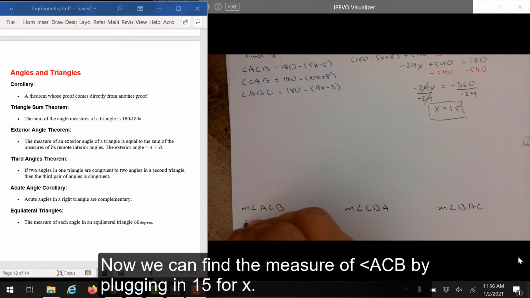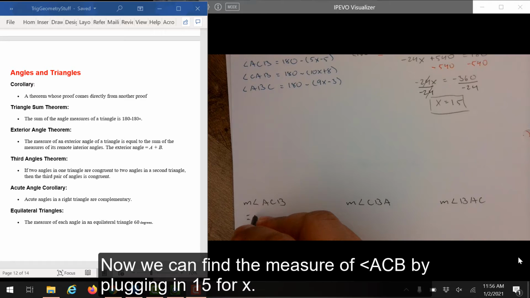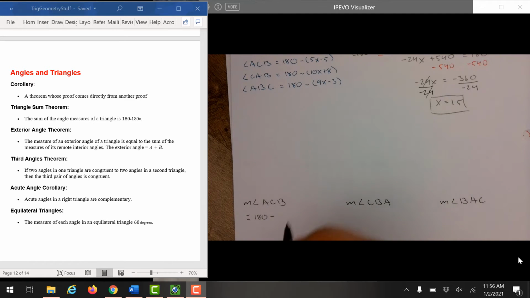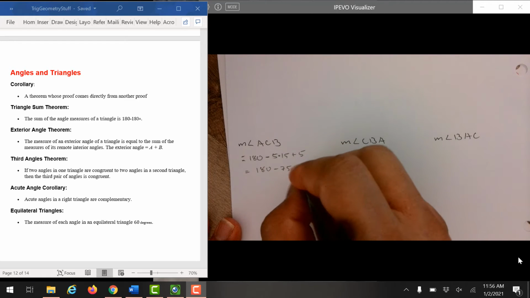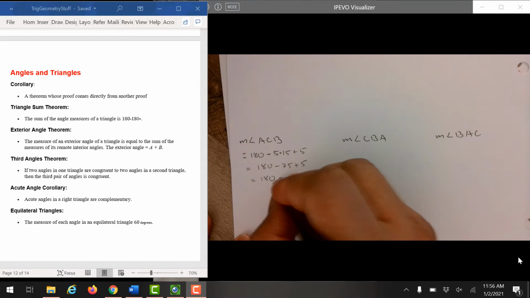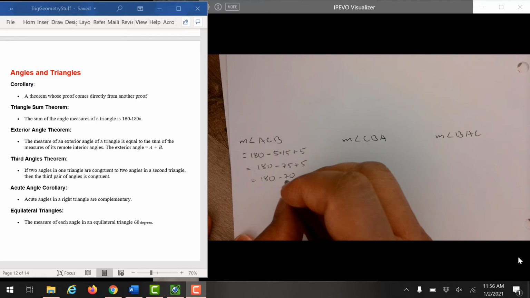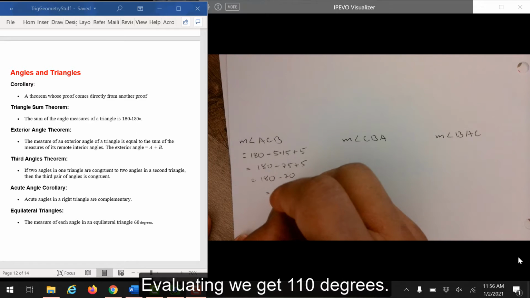Now we can find the measure of angle ACB by plugging in 15 for x. Evaluating, we get 110 degrees.